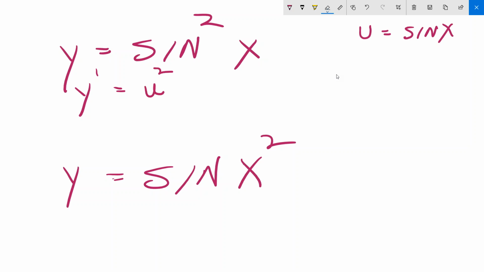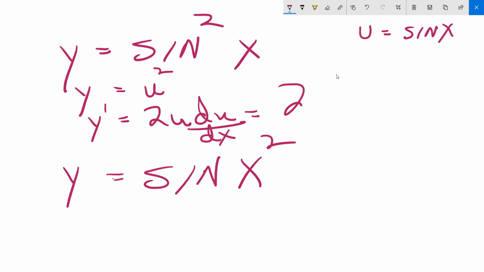And now, if I apply the chain rule to that, I'm going to do 2u times the derivative of u, which is 2 sine x times cosine x. You with me? Yes, sir.